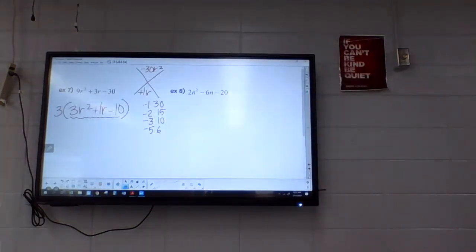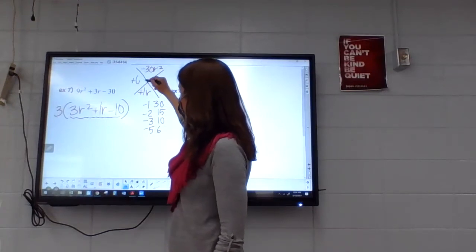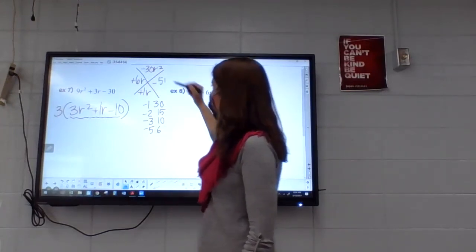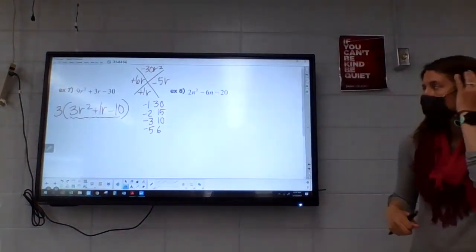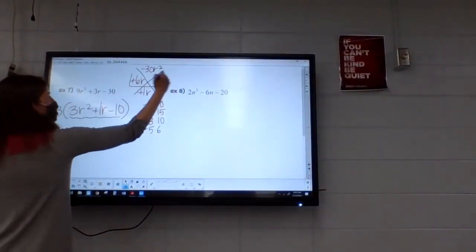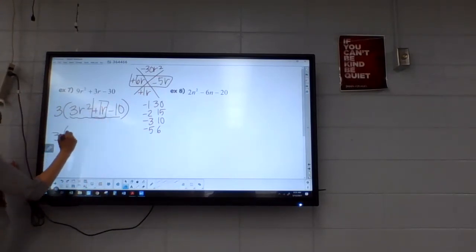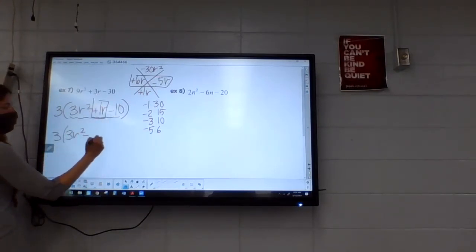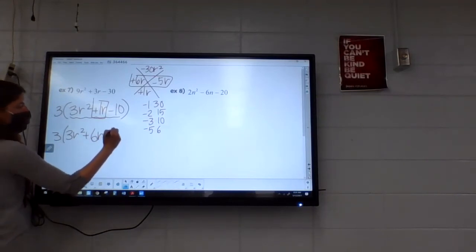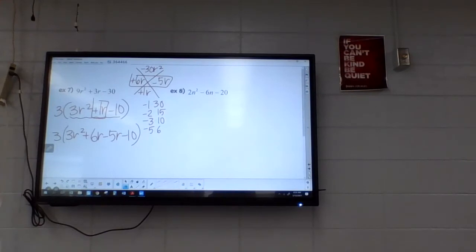So our negative 5 and 6. So we're going to do 6r, because I think you guys had to put that one first, minus 5r. So that's replacing the middle here. We're rewriting this here.